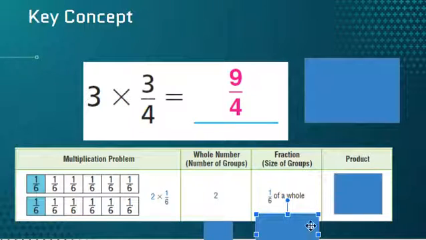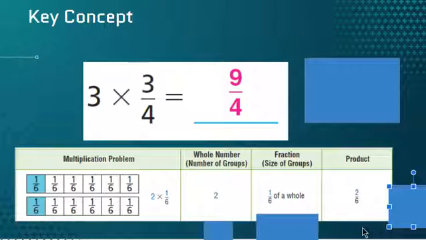That's right, we're working with 1/6 of a whole. And last but not least, we have our product, which is our answer. So 2 times 1/6, think to yourself what that would be. And that's right, 2/6.